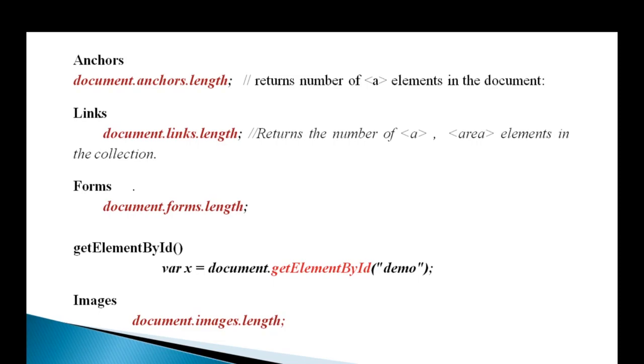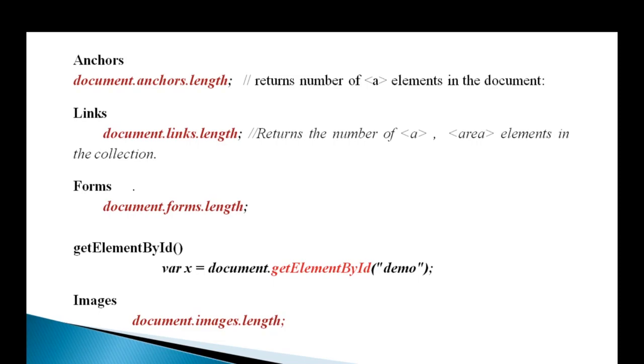getElementById. This finds the element with the ID. Here I have written x equals document.getElementById demo. If the element is found, the method will return the element as an object.